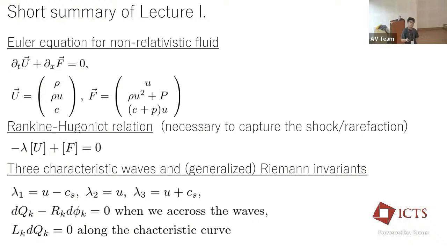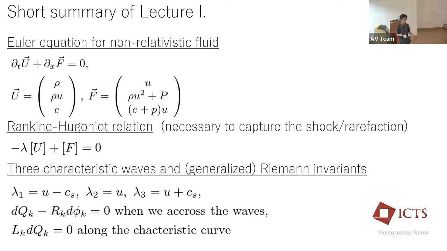We studied that in this system, the non-relativistic Euler system in 1D, there are two kinds of characteristic speed: one is u, and the others are u minus c_s and u plus c_s. The lambda 1 and lambda 3 describe the rarefaction waves, or compression or shock waves.